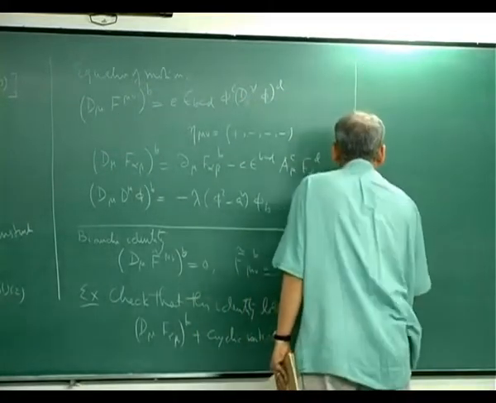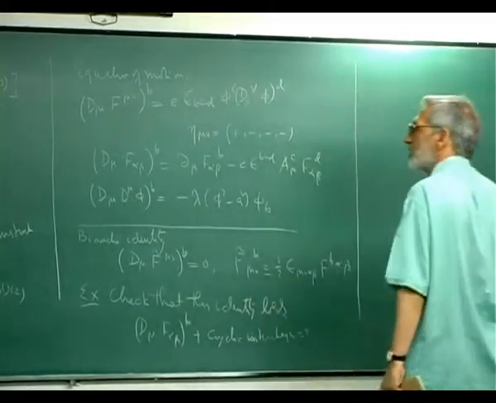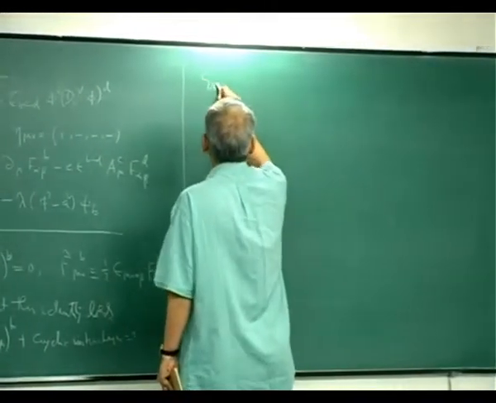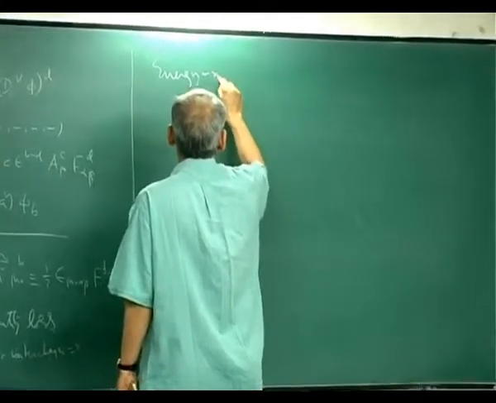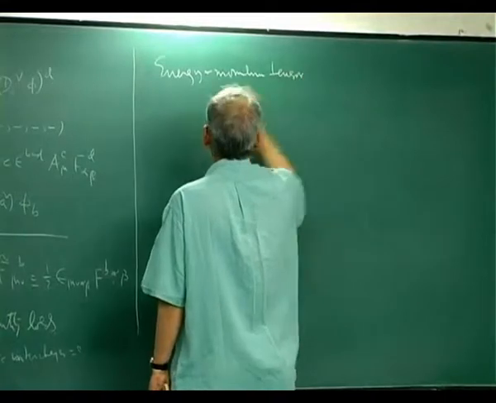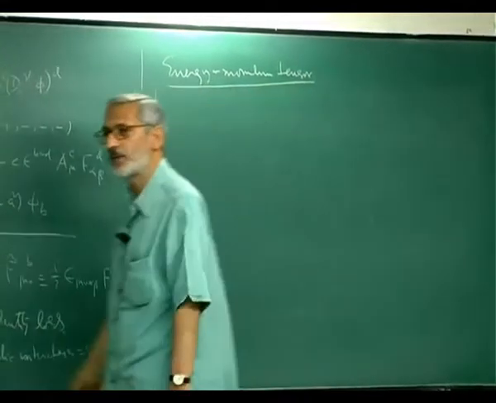Next interesting object for this theory is to calculate the energy momentum tensor. And from there we can calculate the Hamiltonian.